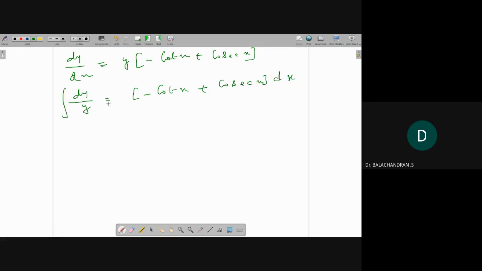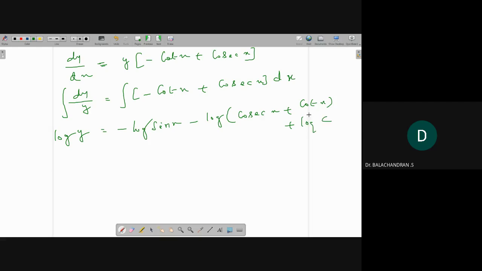So if you integrate both sides, log y, integration of minus cot x is minus log of sin x, integration of cosecant x dx is minus log of cosecant x plus cot x, plus log c.